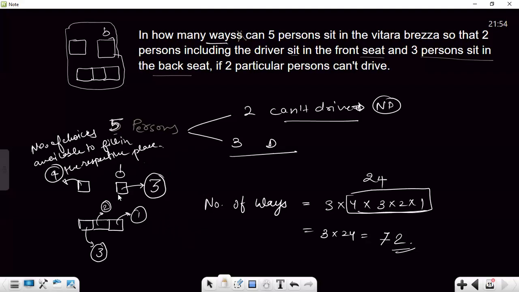We first filled the driver seat for a reason, because we were not able to decide, if we made a person sit on this particular seat, whether that person is a driver, whether that person knows driving or not.